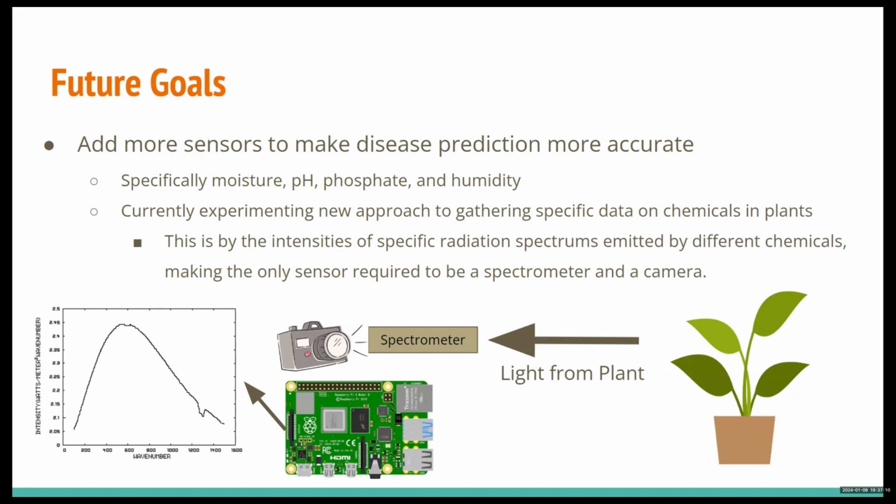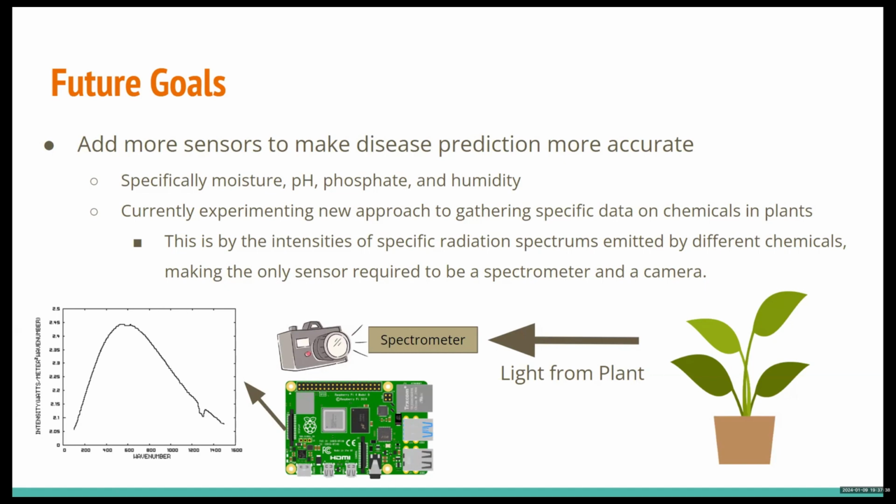So instead of having multiple different sensors for phosphate and calcium and all these other different chemicals, what we could do instead is use spectroscopy. In that, based on the emission spectrums emitted by a plant, the intensity of these emission spectrums can help us determine different chemicals and the amount of those chemicals.